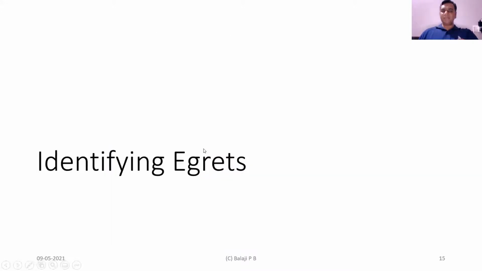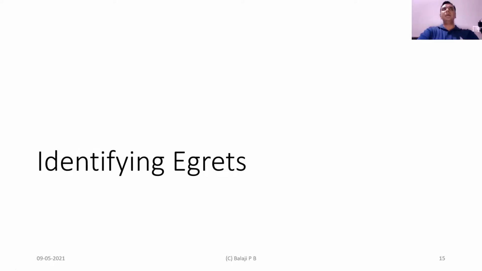So, identifying egrets. Egrets are a very troublesome group to identify because they're all white and they have very confusing non-breeding and breeding plumages. So it's quite a challenge to identify the egrets accurately, particularly when we go on surveys.